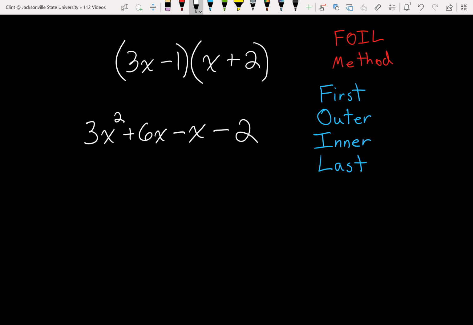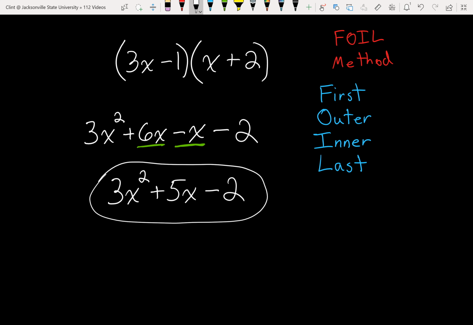Hopefully you notice something here: we have like terms in the middle that we can combine. 3x squared stays, but then we have 6x minus x, which is 5x. And minus 2 doesn't have a partner, so it stays. 3x squared plus 5x minus 2.